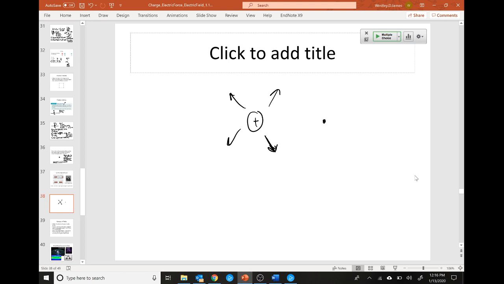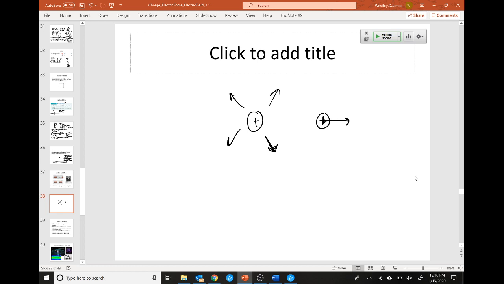If I said, what is the direction of the electric field here? I draw the tail of the arrow here, and I draw it pointed away from the positive charge. That then tells us that if I put another charge here, we'll say a positive charge, it will experience that electric field due to the other charge, and that electric field causes the force.